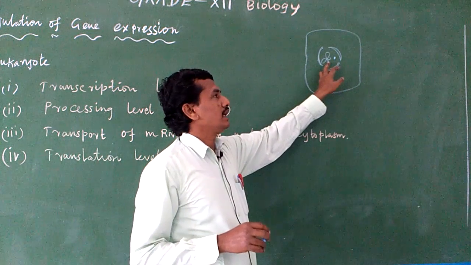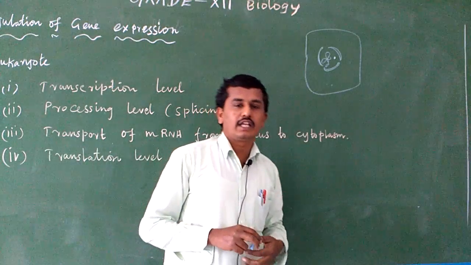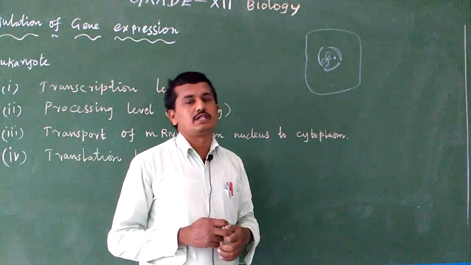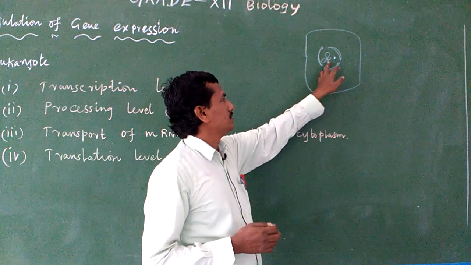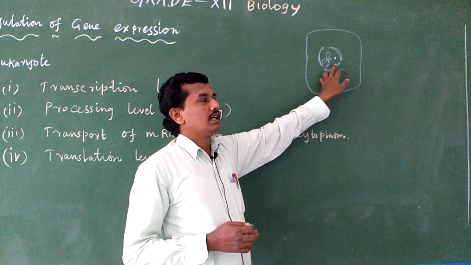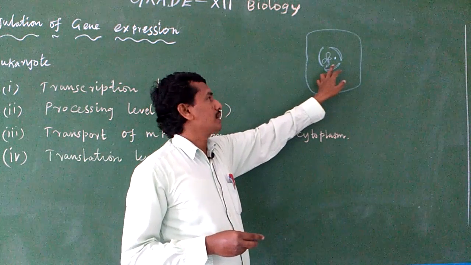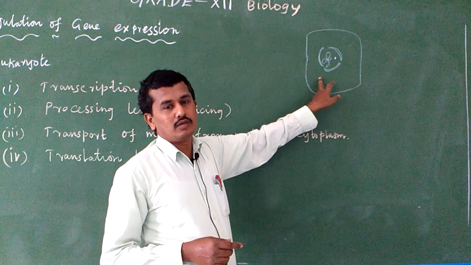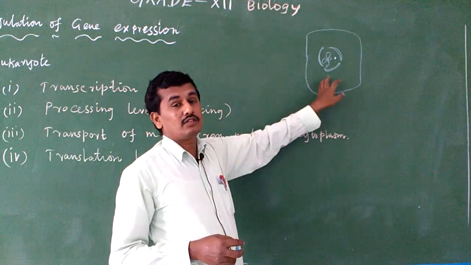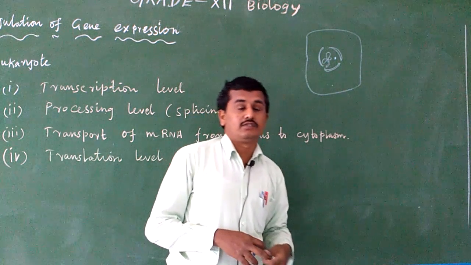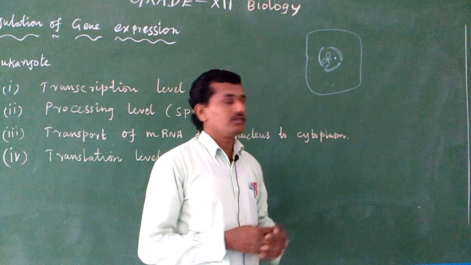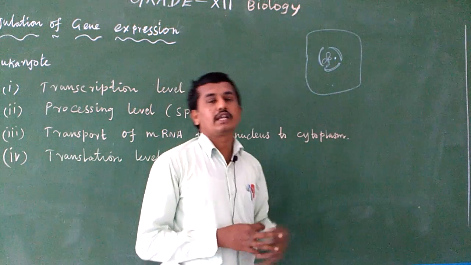The DNA contains a gene important for the production of the particular protein. The gene contains the information, and the gene information is passed into the mRNA. Then the mRNA moves from the nucleus to the cytoplasm. Then the gene expresses the characters with the use of ribosomes. This is translation, and the protein is produced. According to the protein production, the cell membrane gets modified.